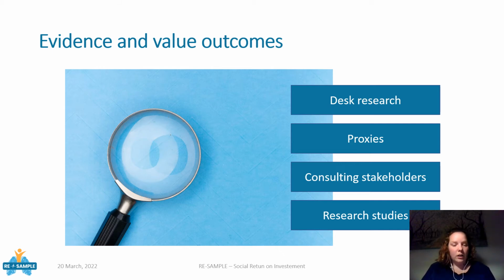Next to this, there are a lot of proxies, and these databases give a lot of information on certain changes due to innovation, or innovations that are quite similar to ours. Of course, we can consult our stakeholders and ask what they expect, what they think the changes will be. And what we are also going to do within the Resample project is to do research studies to figure out what exactly the changes are in the input and output.